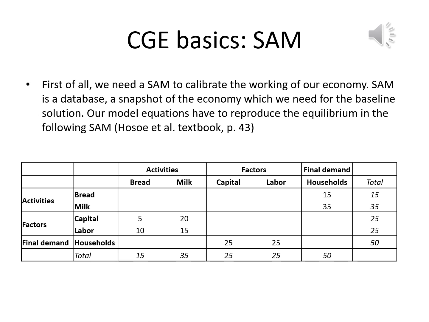Households are the owners of capital and of labor, and they must be receiving some amount of money in the form of revenues from the supply of these services. When they supply capital, they receive 25. When they supply labor, they receive 25 again.